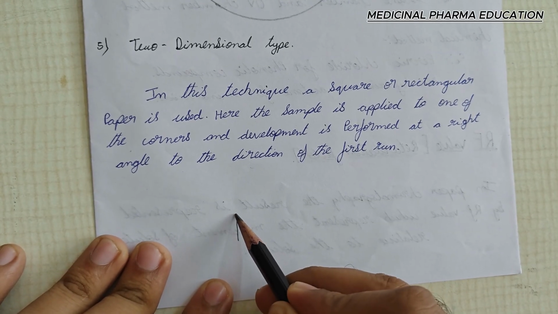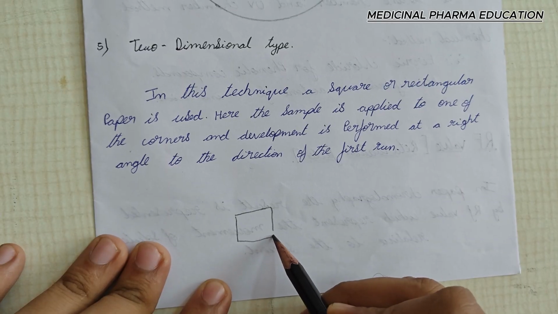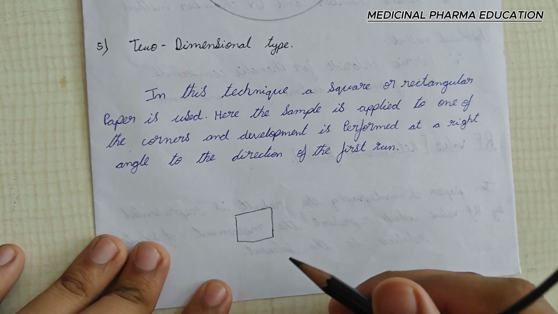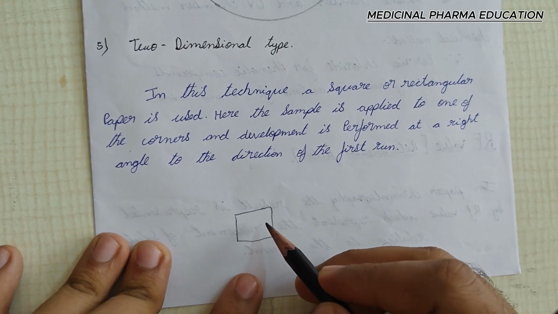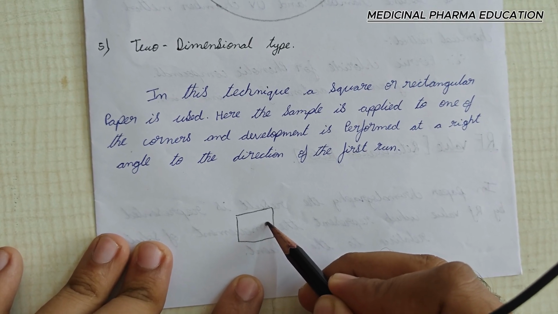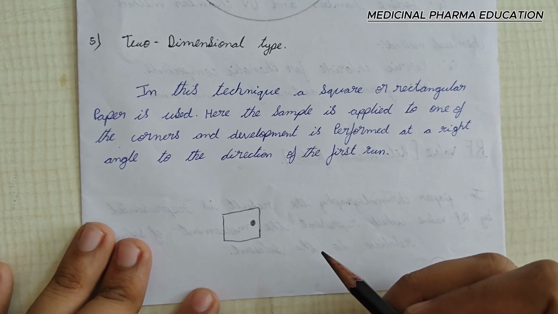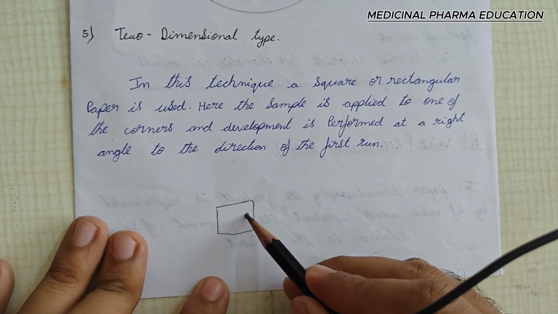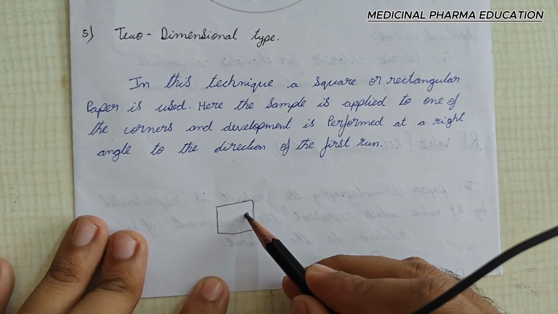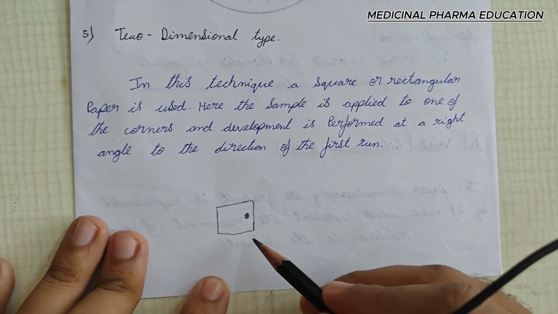First we will take a paper, this is paper chromatography. We'll take the paper and drop the sample mixture here. Mainly we use it for a mixture of compounds. I hope you are understanding. We will drop the mixture of compounds which are to be analyzed.